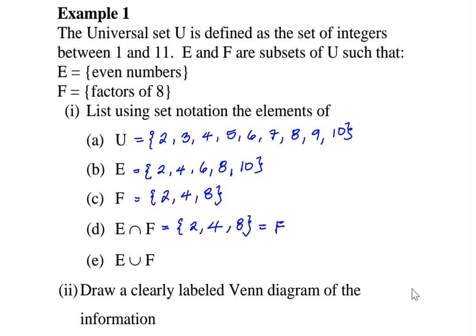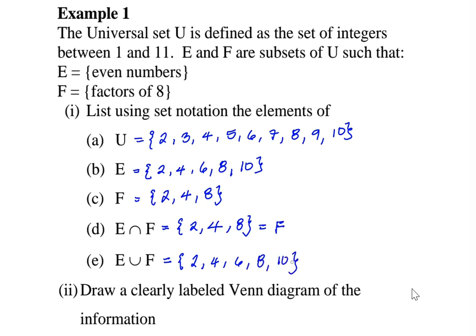All right. Now, E union F. If I wish to list all the elements of E union F, I need to look at the set E and the set F and list all the elements which are in either E or F. So the elements are 2, 4, which is in E and F, 6, 8, and 10.